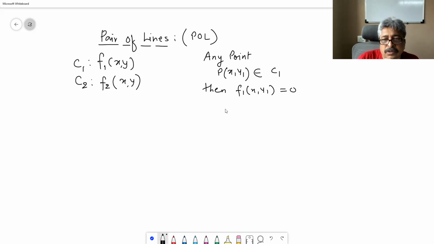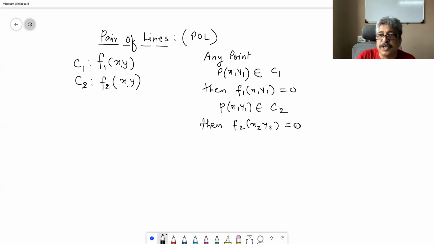If a point belongs to the other curve, then f2 of x2 y2 will also be equal to 0. Is that right?